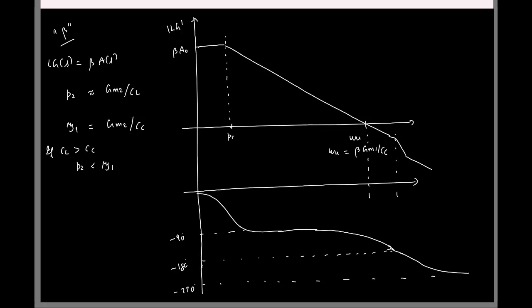Now let's say at omega u, this is my phase margin, and let's say this is some 45 degrees. Let's say this is for beta equal to 1. So for beta equal to 1, I find that the phase margin is 45 degrees.